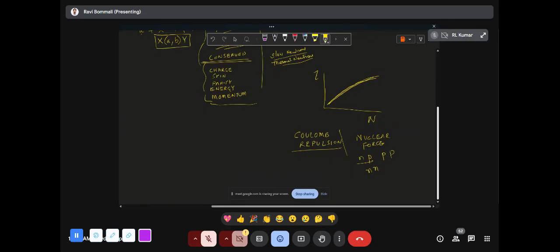You cannot just have an equal number of neutrons and protons.